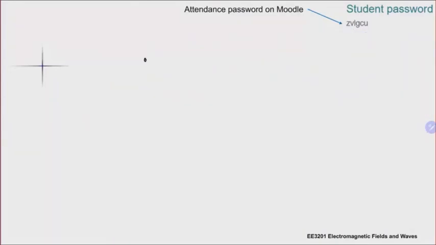Okay, so at P, we have the electric field calculated as this, the electric field at point P.